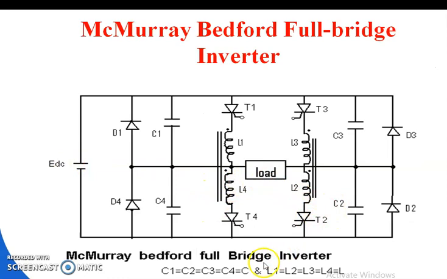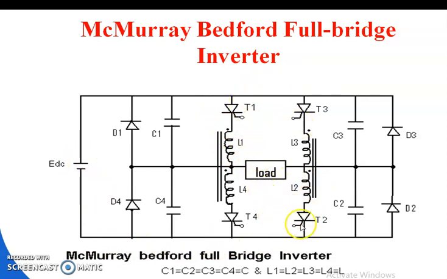So during the turn off period, whenever T1, T2 are conducting, the path of the current will be EDC, T1, L1, load, L2, T2 and EDC.